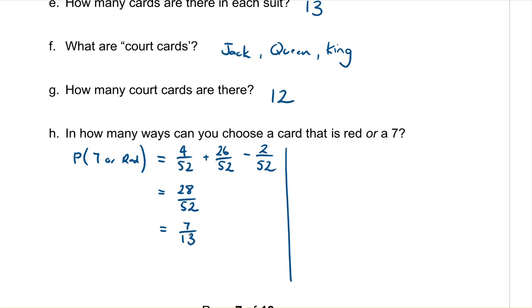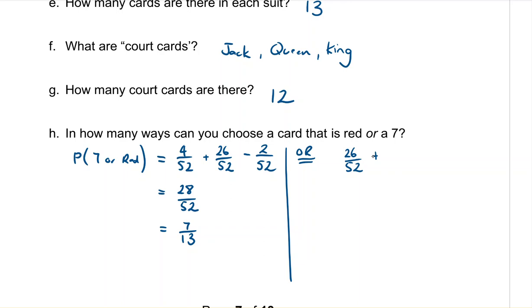Now remember I said there was an alternate way that would also be acceptable. So here's my OR. Here's my second method, which is possibly a little bit shorter. So first of all, I'm going to do the probability of my reds, which was the 26 out of 52. But then I'm also going to add to that just the 2 extra cards that were 7s that were not red.